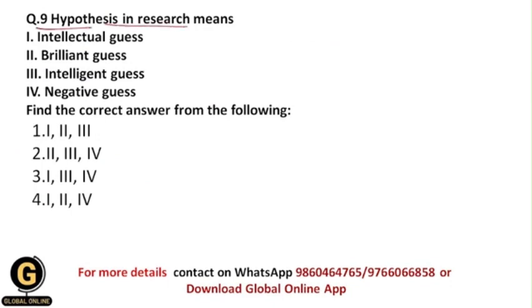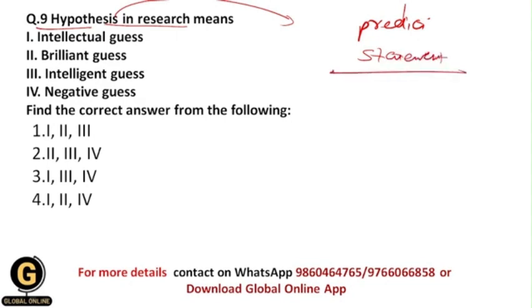As I have told you earlier in the previous video as well, hypothesis is basically the prediction of the results of your whole research process. Okay, and that's why whenever you are doing a proper prediction, this is a statement, and this statement includes proper clarity about the variables under study.